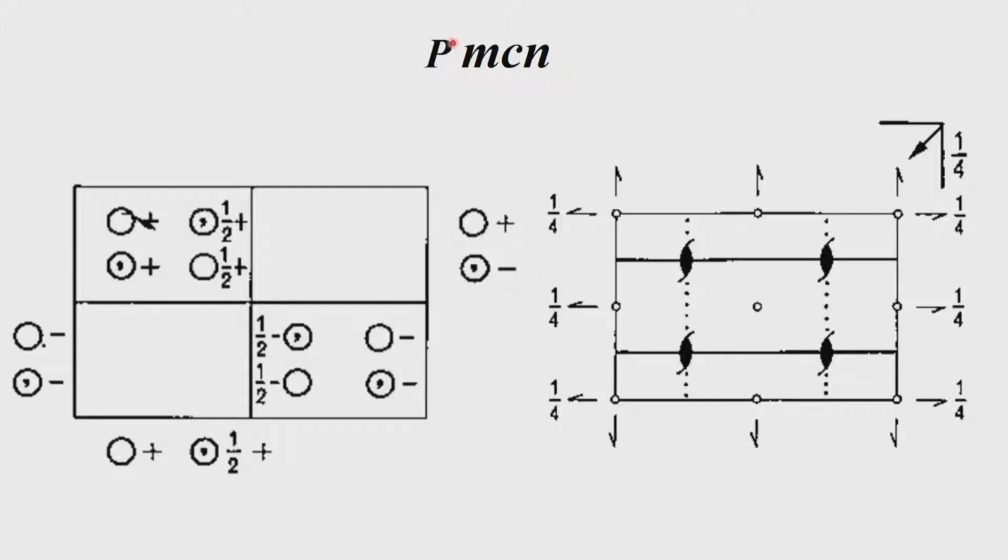We know that once there is a primitive lattice, the number of lattice points is 1. The mirror symmetry is now perpendicular to the A axis. You see that this is the mirror and it is perpendicular to the A axis.